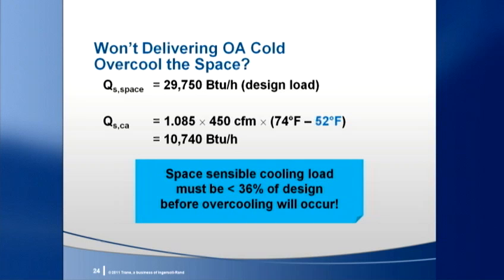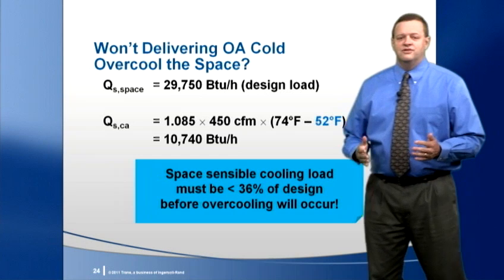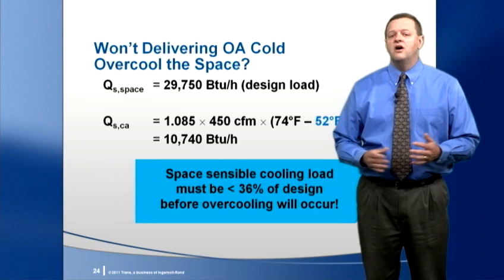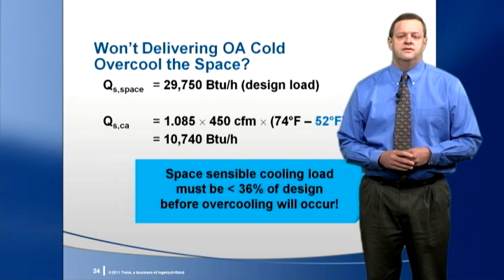This means that the sensible cooling load in the space has to drop to less than 36% of the design load before this cold outdoor air will even begin to overcool the space. Until that happens, deliver the air cold to avoid the energy waste of recooling at the local units. Why reheat to neutral on the hottest days of the summer when all spaces need cooling?